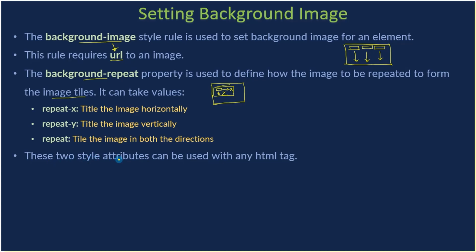These two style attributes, background-image as well as background-repeat, can be used with any HTML tag. Here we just took the div tag as an example. You can use any HTML tag.